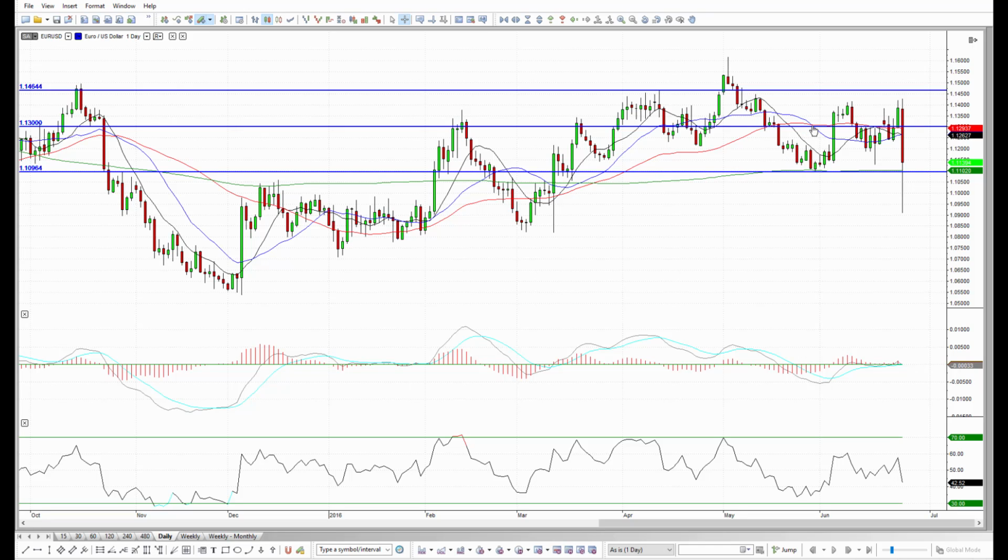We've also got 1.1300 up here, which was quite a significant level. I think there is also another level in here. If we mark in around 1.12, we can see just above that we've got lows, we've got the support here, we've got the resistance, we've got the support again. Keep an eye on that level.